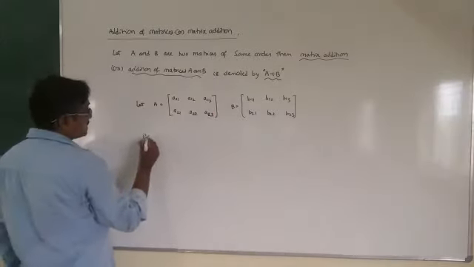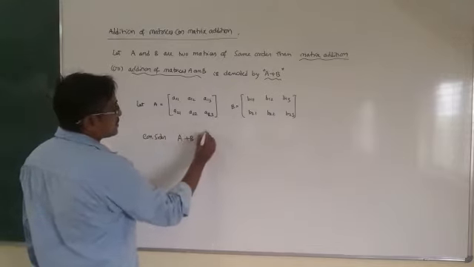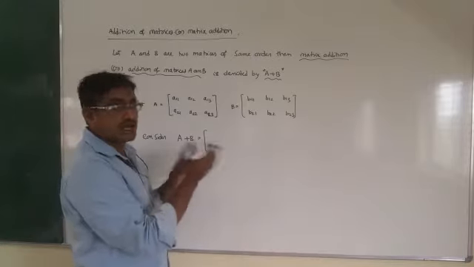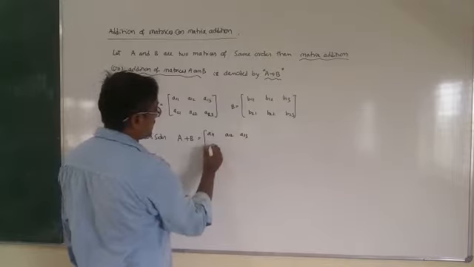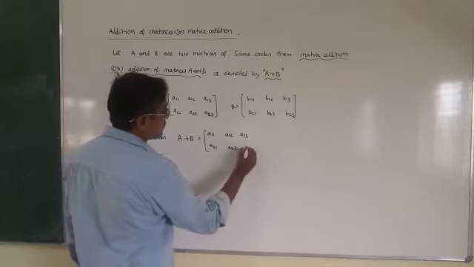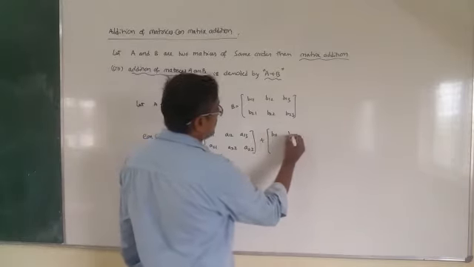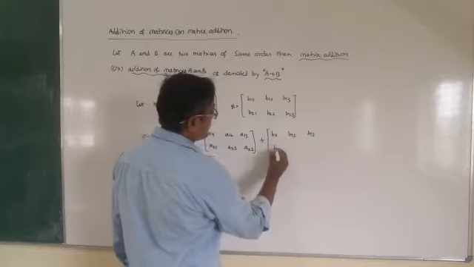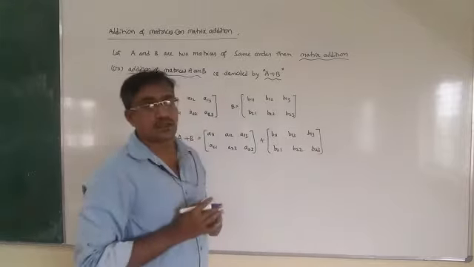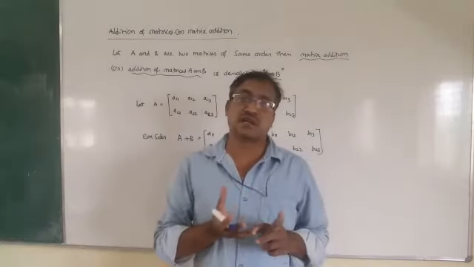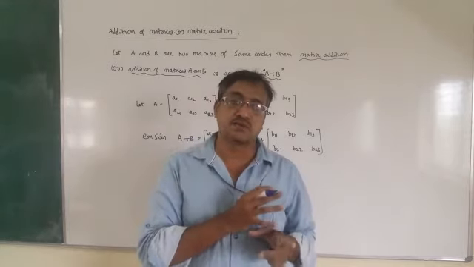Now let us consider addition of matrices, that is A plus B. To find A plus B, you need to write like this: A11, A12, A13, A21, A22, A23 plus matrix B11, B12, B13, B21, B22, B23. Now addition of matrices is nothing but adding the corresponding elements.